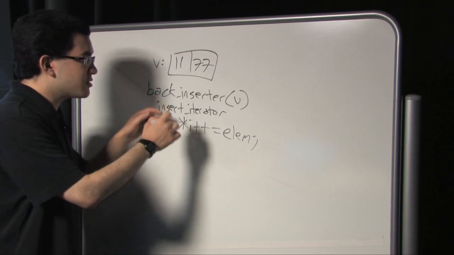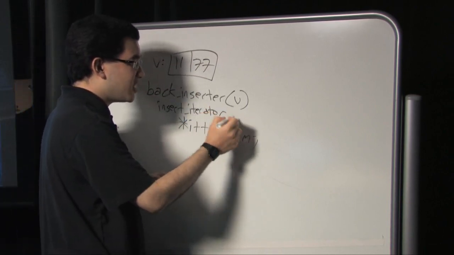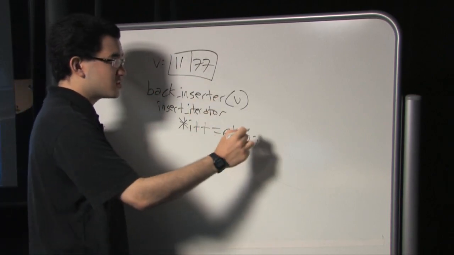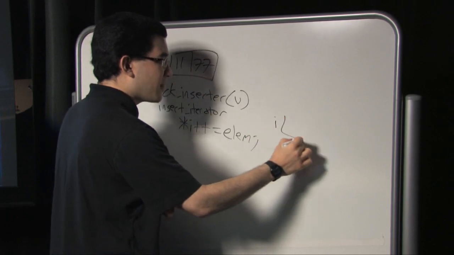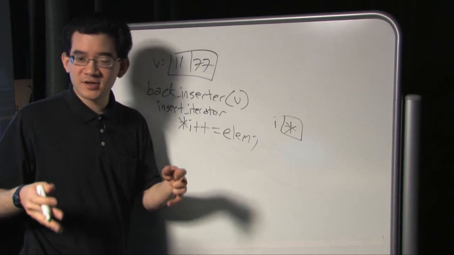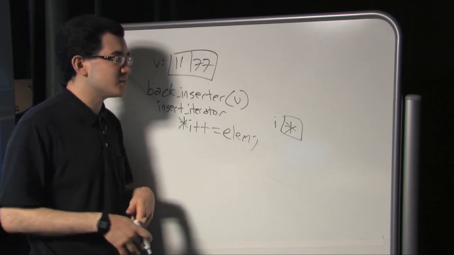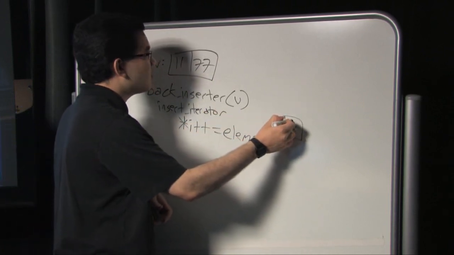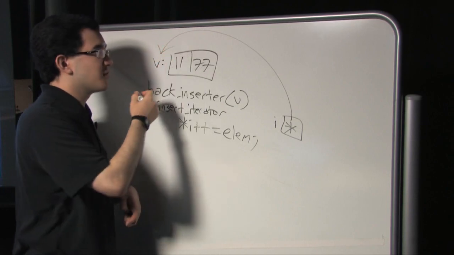So what the insert iterator does is it's maintaining a pointer. If I've got this insert iterator i, it contains essentially a pointer. This is internal implementation specific, but somehow it knows how to communicate with the original vector.